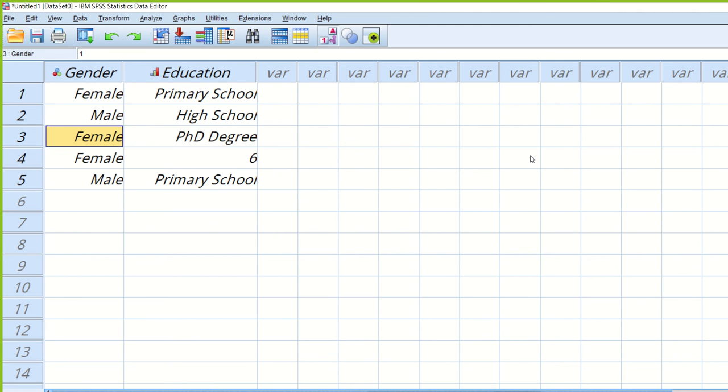If we have two dependent samples, for example a measurement in January and a second measurement in March, this is a repeated measurement.